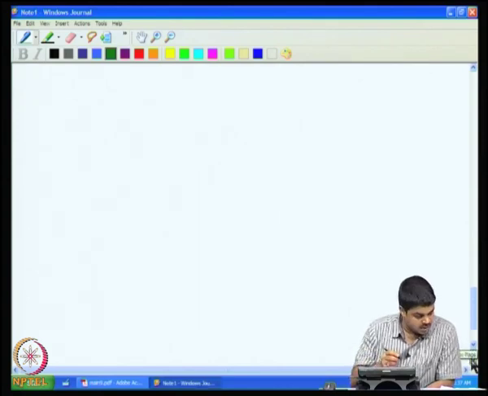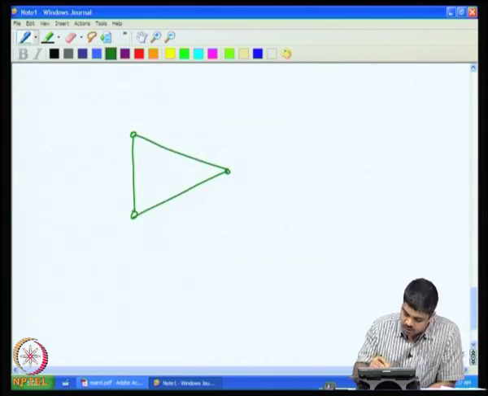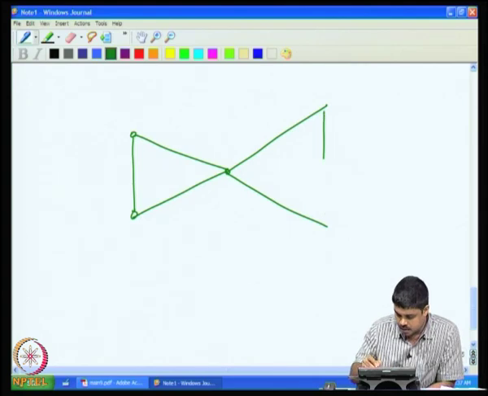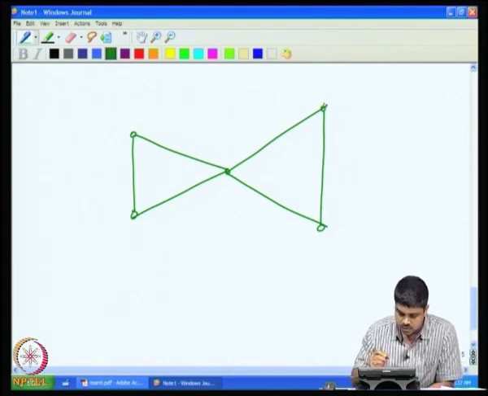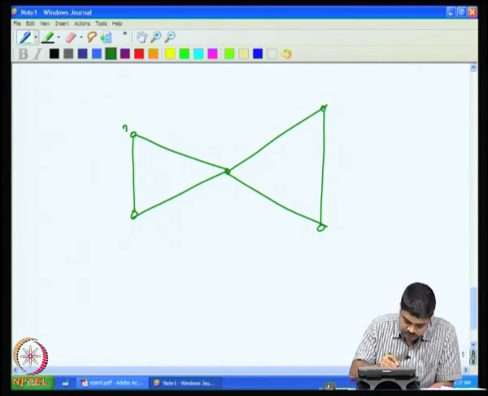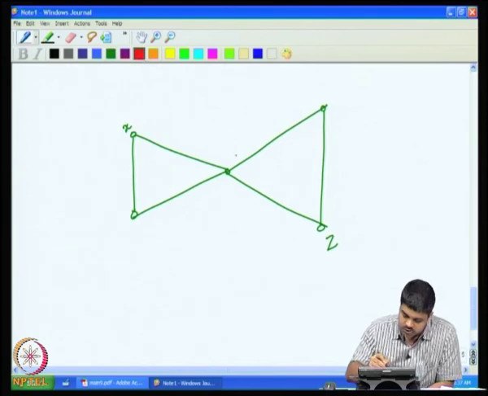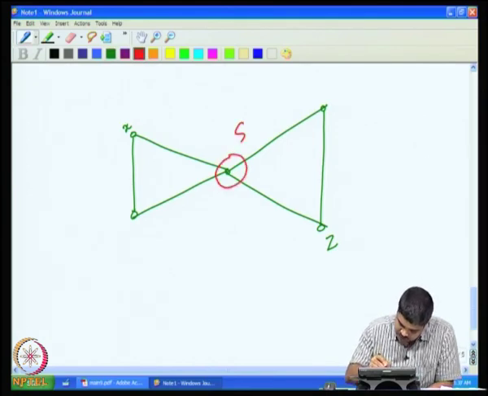For instance, let us take our graph which we drew earlier. Suppose you take two non-adjacent vertices, that means if I pick up x, I should take say z here. Now, to disconnect x from z, what you can do is remove this set S, right.